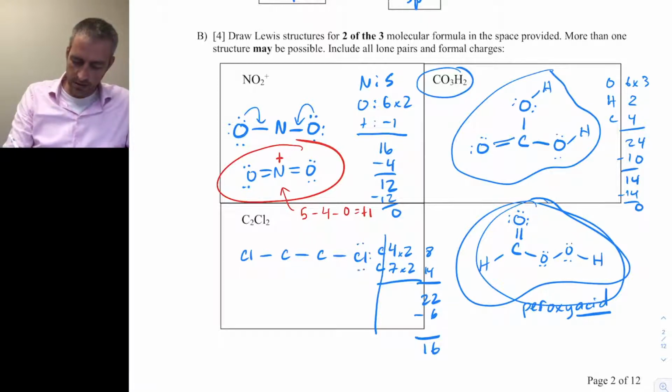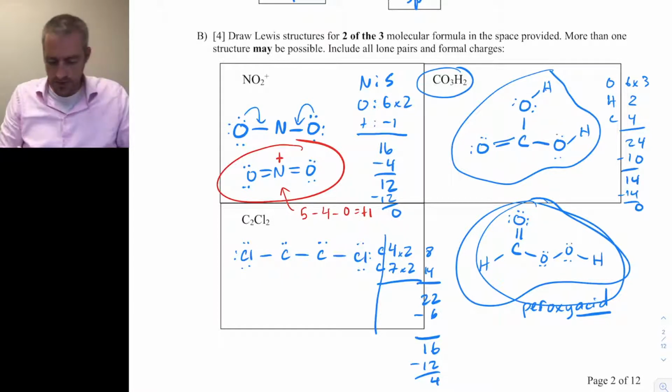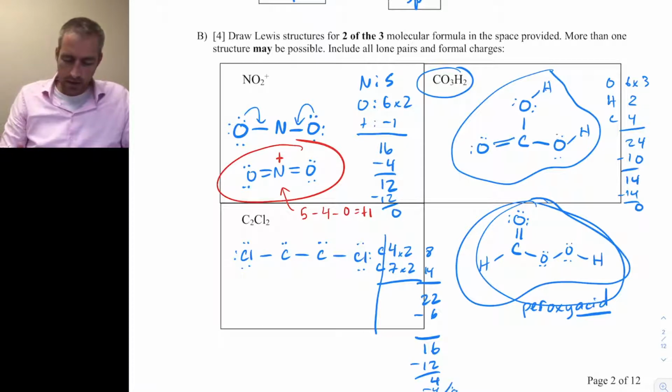2, 4, 6, 8, 10, 12. Left with 4. Why don't we spread them evenly over these 2 carbons? That's used our 4, and we're left with 0. Now the carbons in the center do not have full octets, so we need to make multiple bonds. There's lots of different ways we could imagine doing this.